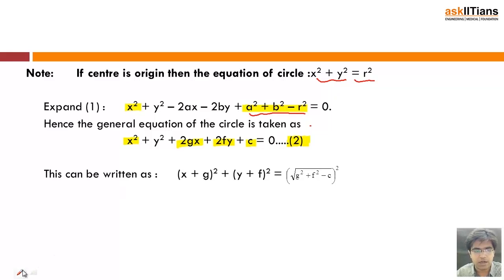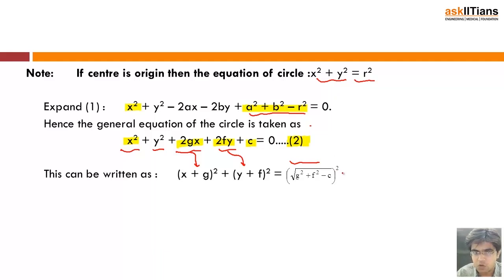Now what I am going to do is collect the same variable terms, and I am trying to make a whole square. So for x square plus 2gx, I can make a whole square by adding g square. Similarly, for y square plus 2fy, I can make a whole square by adding f square. And if I have added something, then I have to subtract something, and I have sent all those terms to the other side, and I have represented it like this.